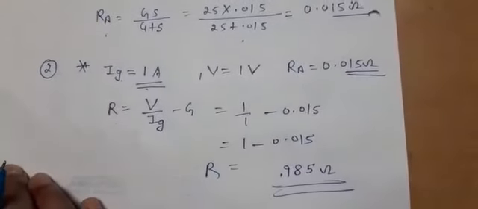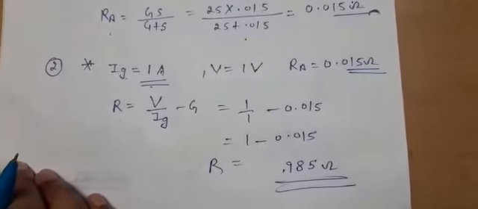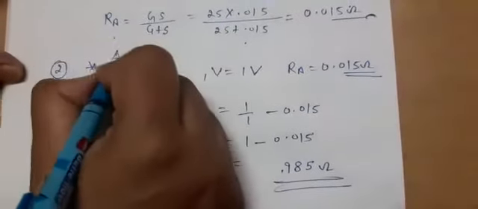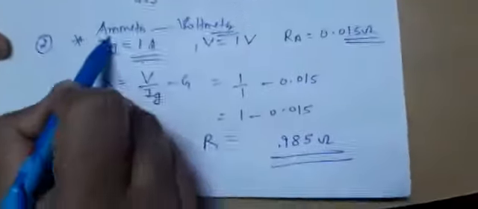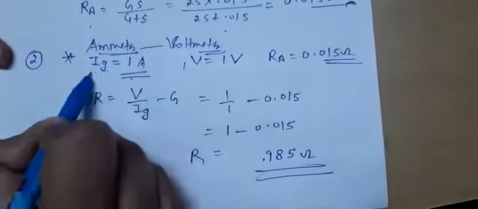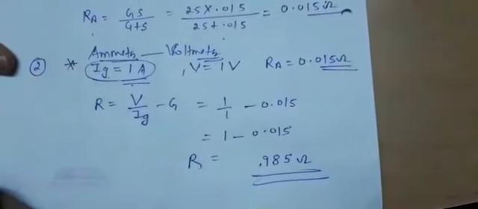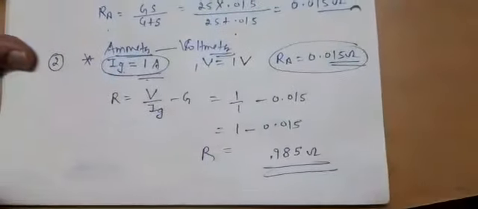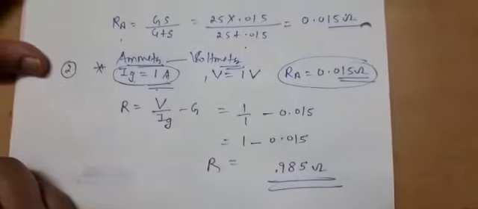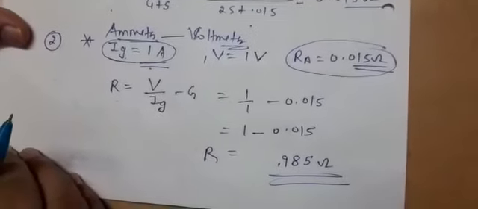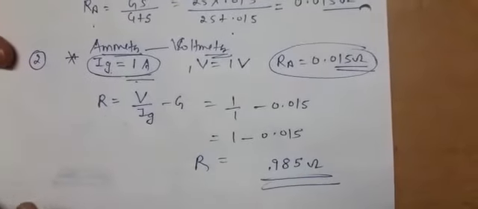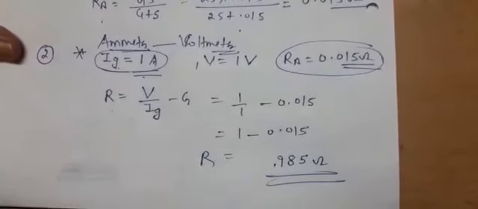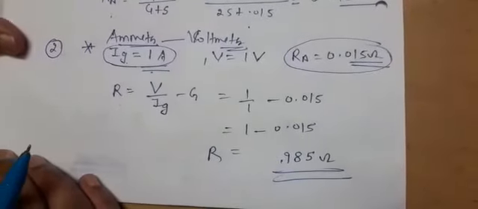See, in this numerical, the main point you have to understand is that when an ammeter has to be converted into a voltmeter, the maximum value of current of the ammeter becomes the Ig here, right? And the effective resistance here will be that of the ammeter, right? I think you have understood all the concepts. If you still have any doubt, just pause the video, rewind it, and check the results again.